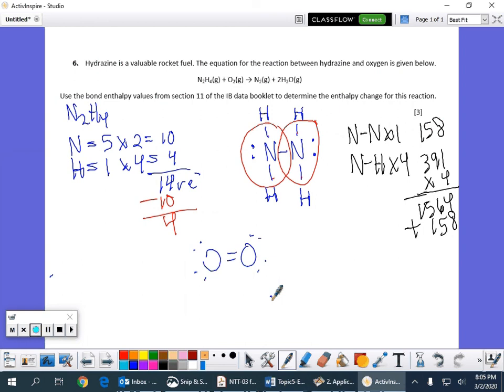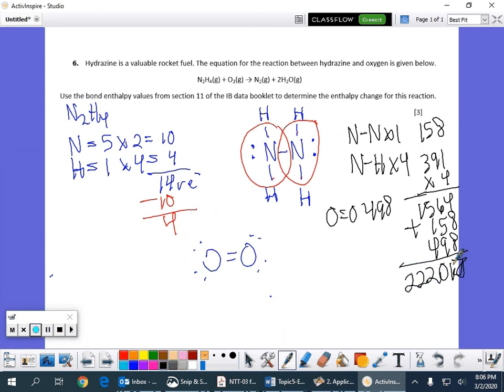And so we are then looking not in the upper table, but in the multiple bonds section below the table, where we find that we have oxygen double bonded to oxygen, and we only have one of those, and that's going to be 498. Okay, so in our reactants, we have our 1564, our 158, and our 498 all added together, and that is going to give us a total of 2220 kilojoules.